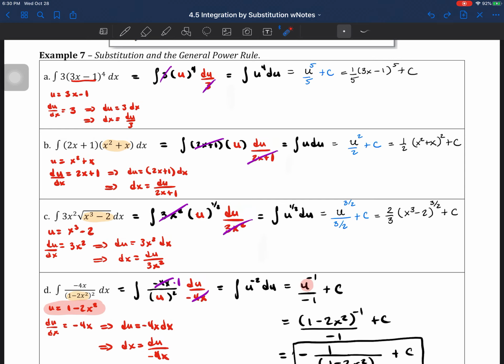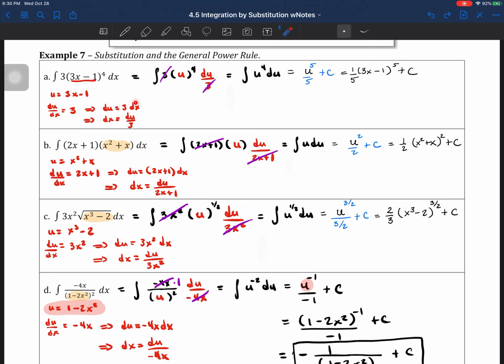Now I did something here in particular, sort of kind of neat. It's a little technique that I've learned through others. What I tend to do here, so that I don't have to worry about this 3 and compensating for that 3, is actually solve for dx. I try to solve for dx because this needs to turn into a u.